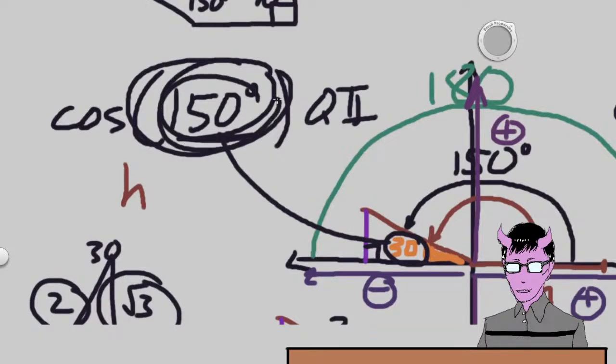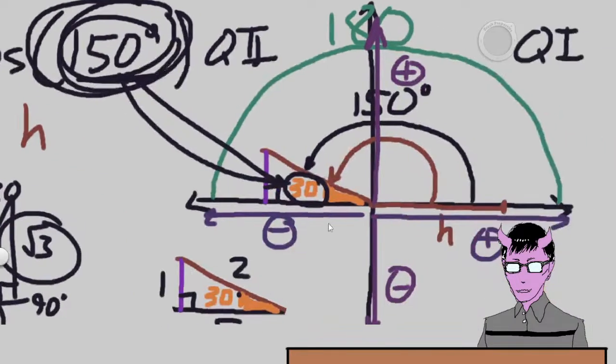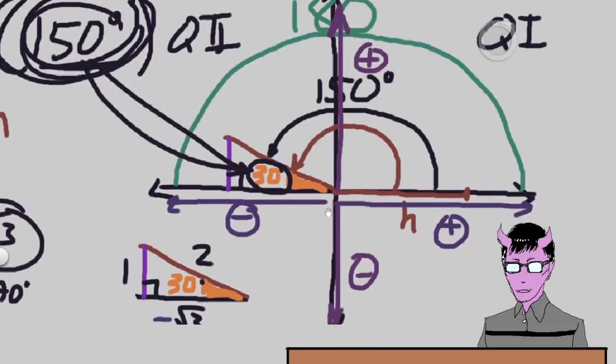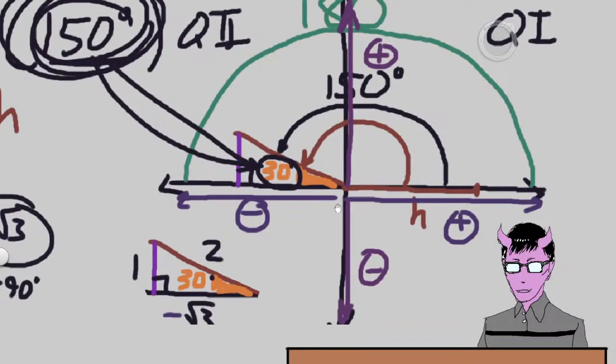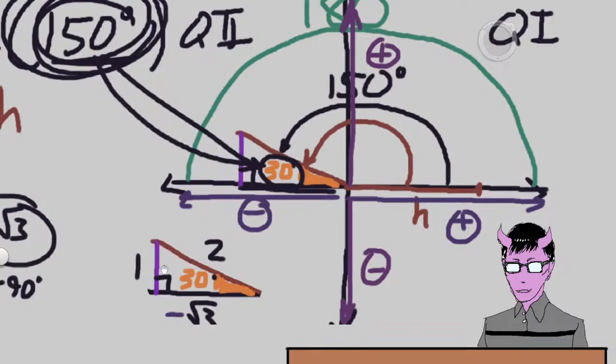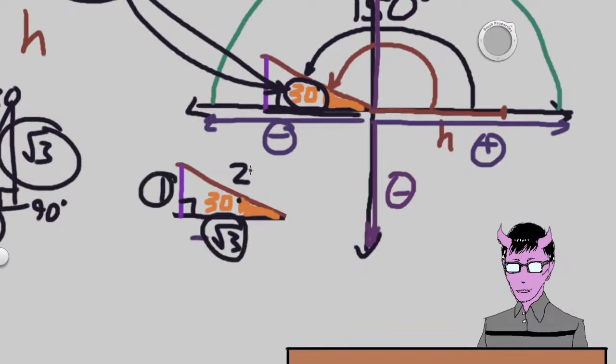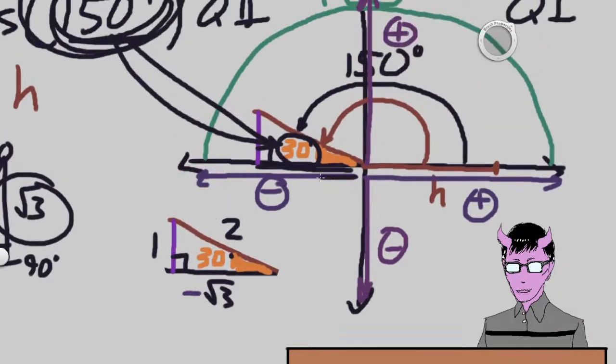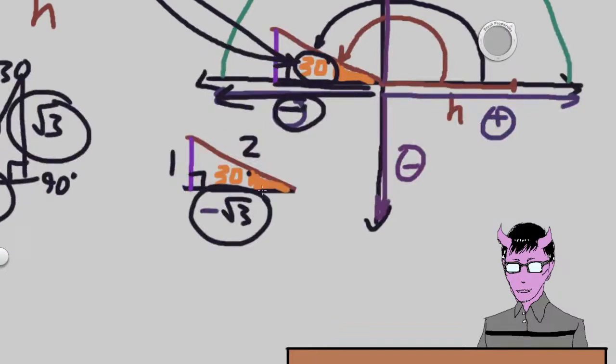We're looking for a cosine of 150. But it's related to this 30 degrees right there. Once we establish where the reference triangle is located, we need to keep track of the signs. So again, it's the standard 1 to root 3 to 2 ratio of 30, 60, 90, but taking into account the negative directionality, this side is negative root 3.